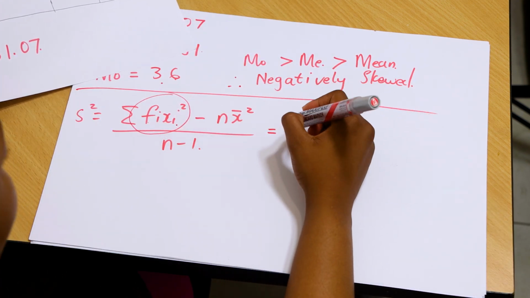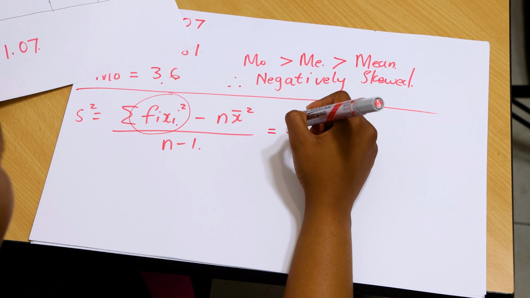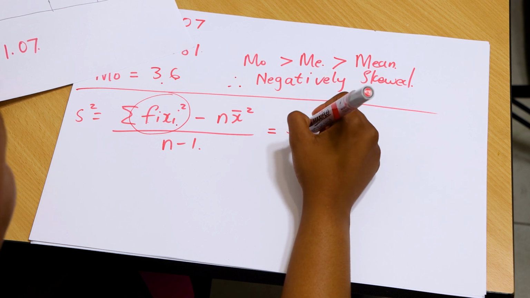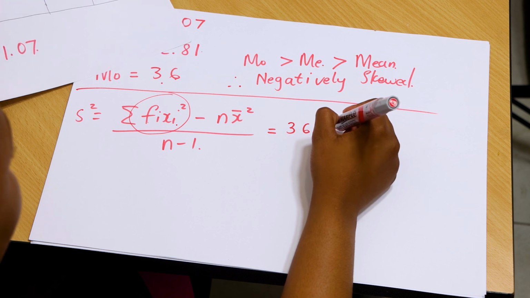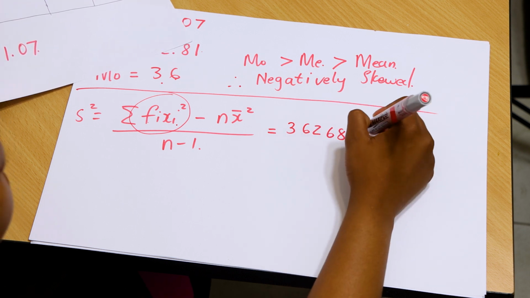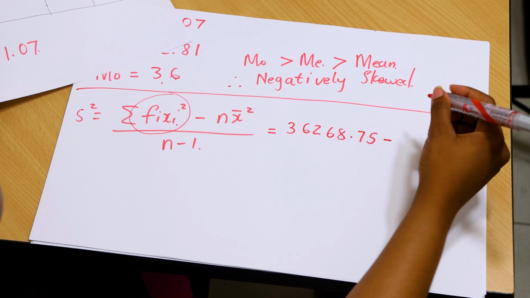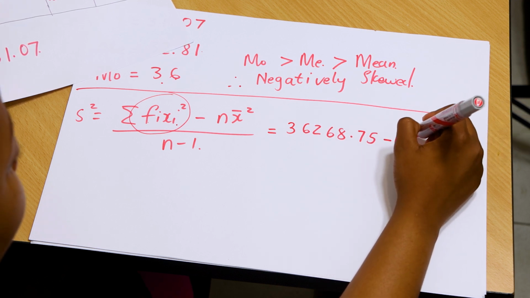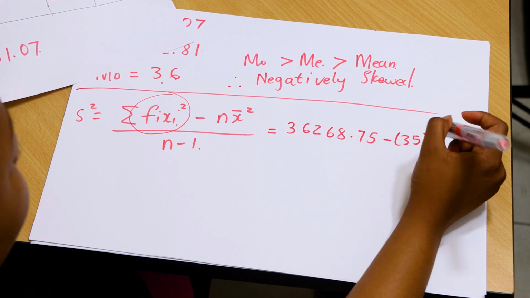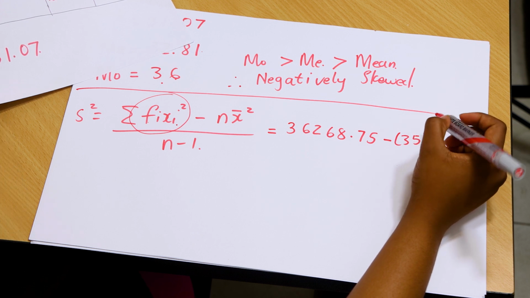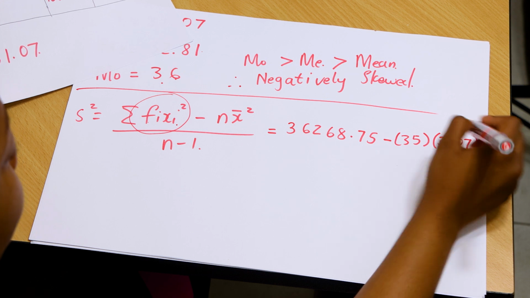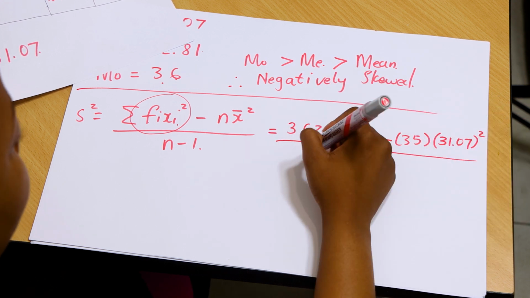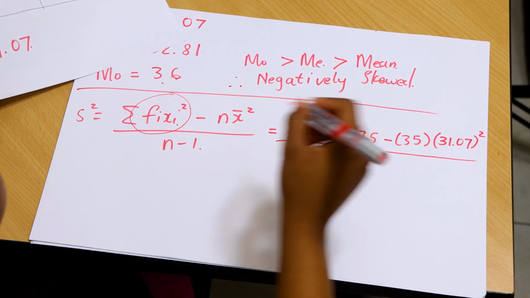Then let's substitute it: 36,268.75 minus n, which is 35, the sample size, times the mean 31.07 squared, divided by 35 minus 1.